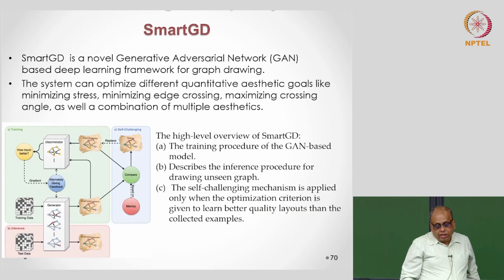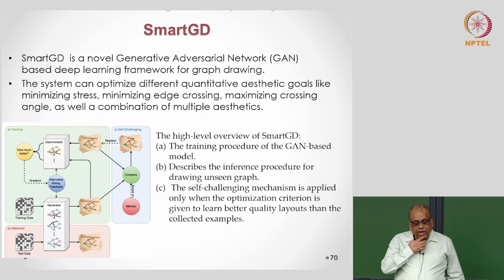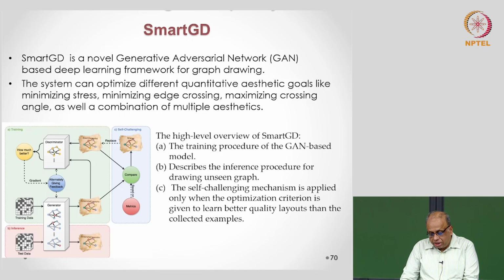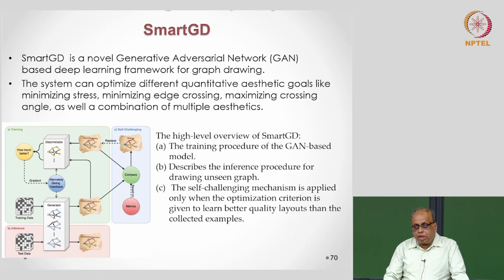So another interesting approach to graph layout has been the adversarial network. An adversarial network is another type of neural network that is becoming very popular these days, and the generative AI that is being done is based on this. So what happens in an adversarial network? There are two kinds of neural network.